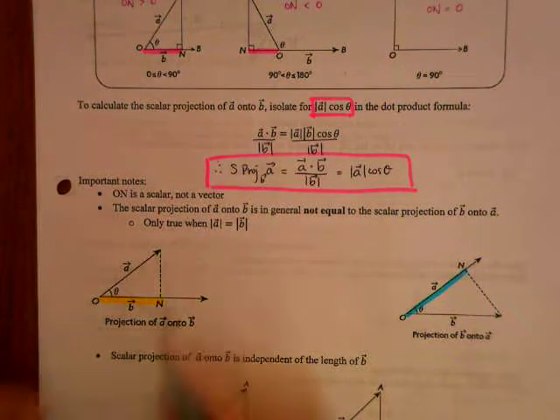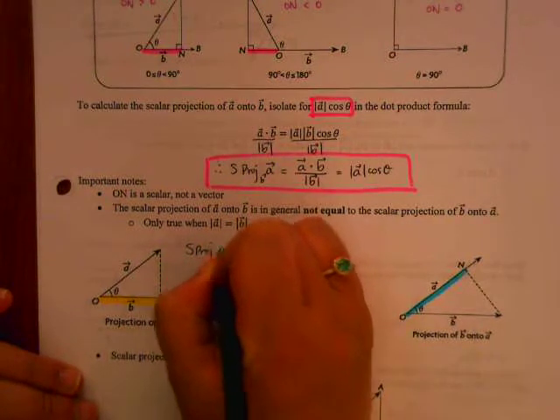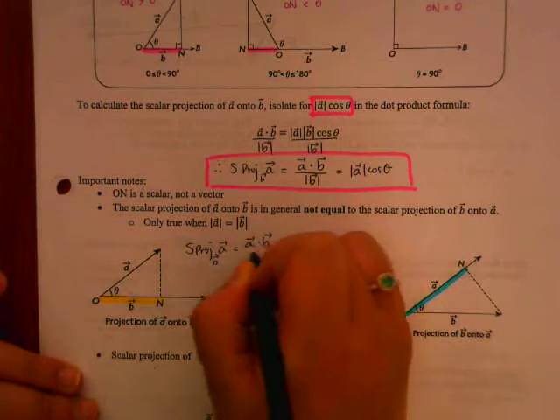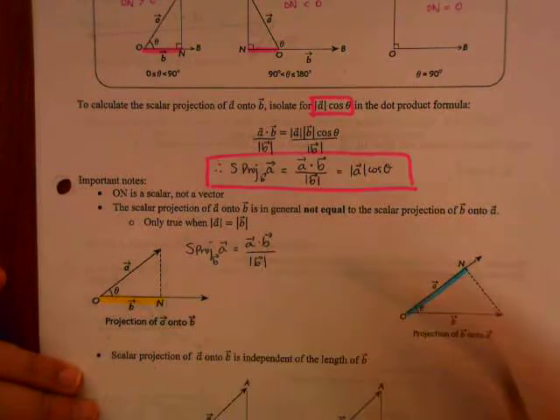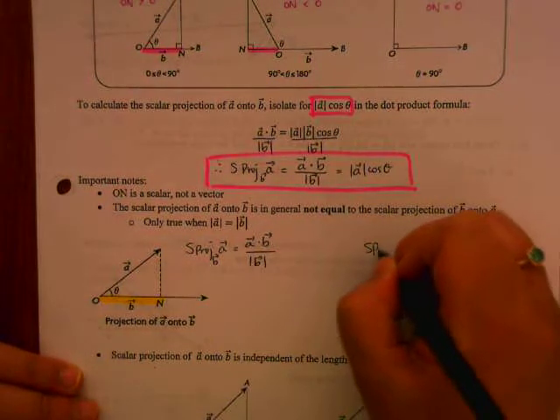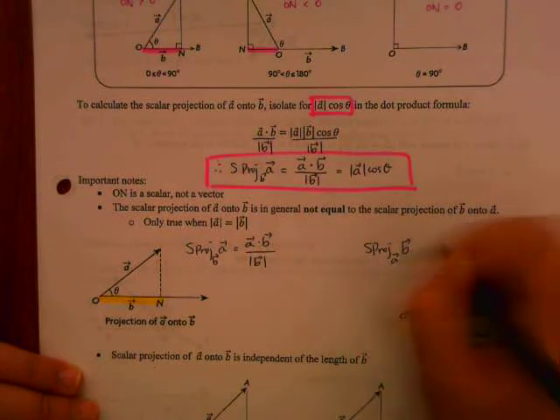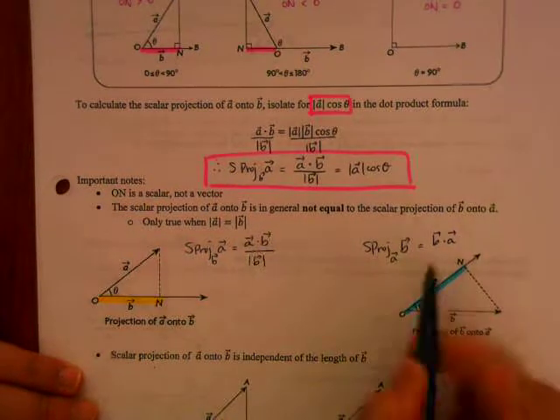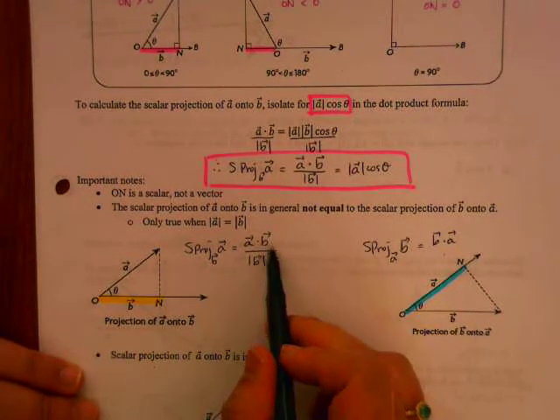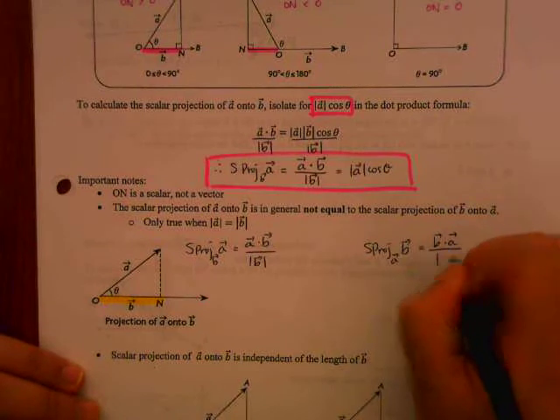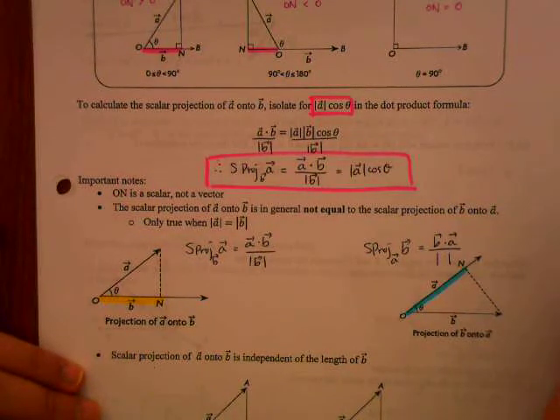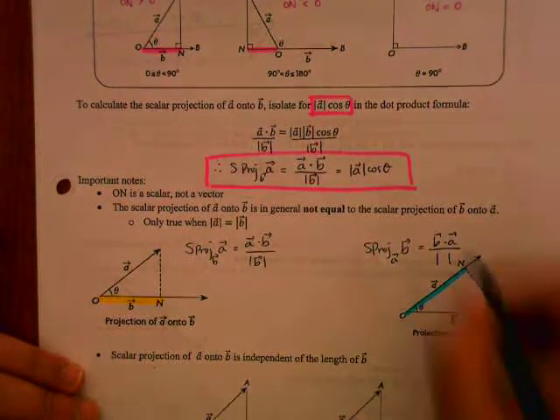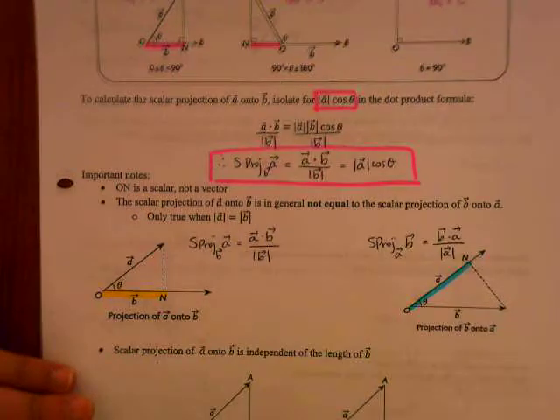For this one, scalar projection of A onto B is the dot product of A and B divided by the magnitude of B. But on this side, if you have the scalar projection of B onto A, that would be the dot product of B and A, which is the same as the dot product of A and B, but then you're dividing this by what magnitude? By the magnitude of A, exactly.